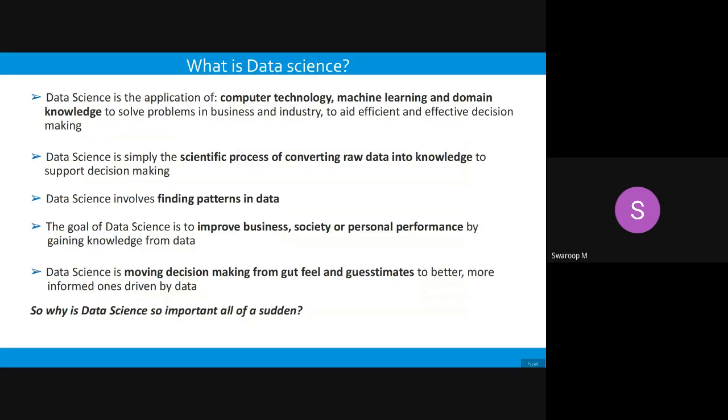So here, data science is the application of computer technology, machine learning, and domain knowledge to solve problems in business and industry, to aid efficient and effective decision making. So we are saying it's a combination of computer technology, machine learning, and domain knowledge.